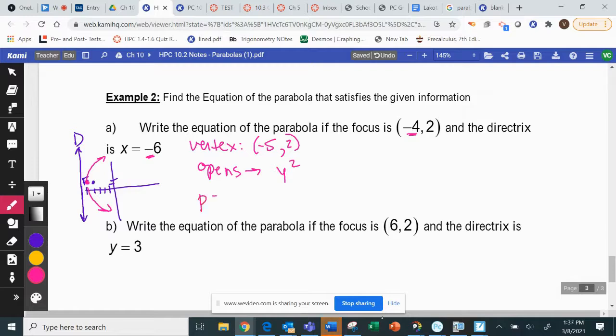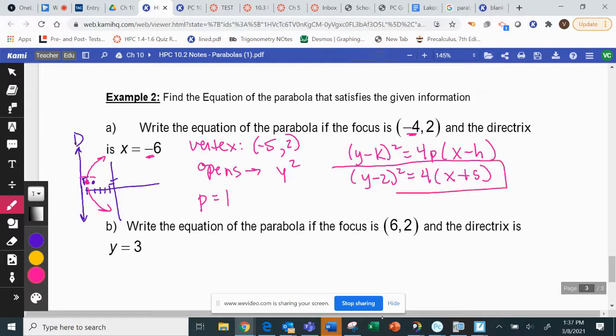The p-value is going to be how far apart the vertex is from the focus or directrix, which is 1. So then I use the equation, y minus k squared equals 4p times x minus h. So y minus 2 squared equals, then I do 4 times 1, and then x plus 5. So that would be my equation.